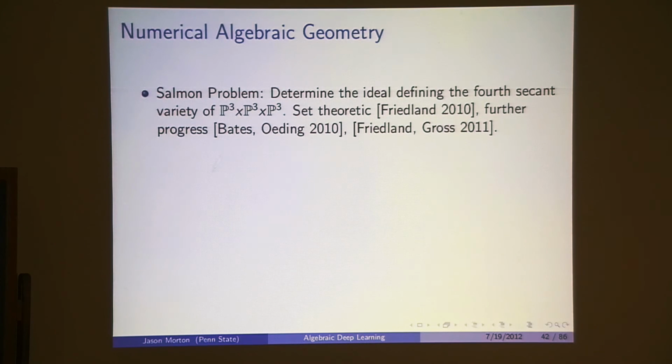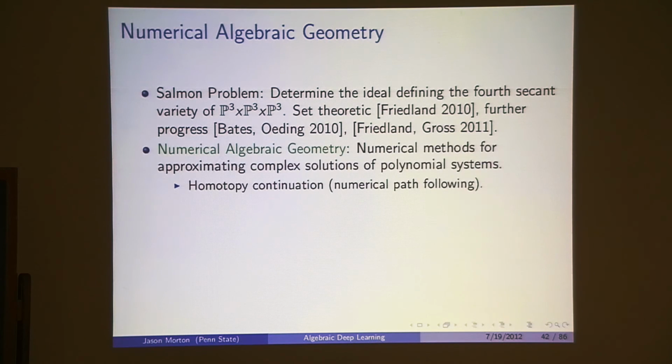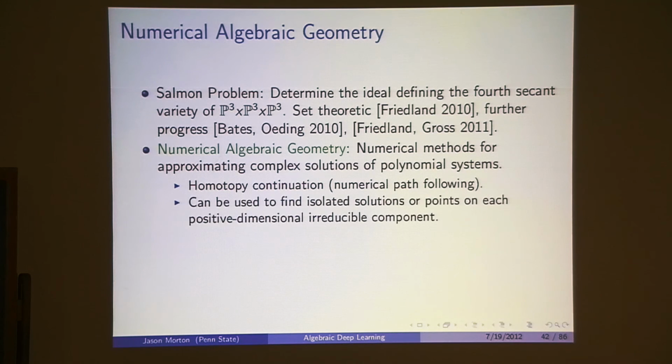Okay, so there's also this new trick called numerical algebraic geometry, which is a strategy for approximating solutions of polynomial systems by doing this sort of numerical path following or homotopy continuation. This is kind of an exciting new thing that allows us to get approximate answers, but to scale beyond the things that the symbolic methods can do.